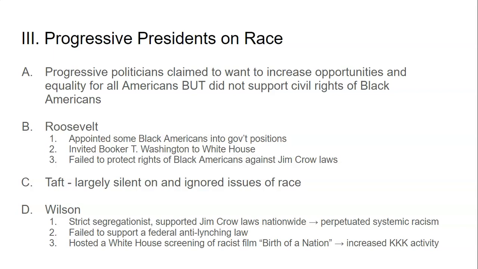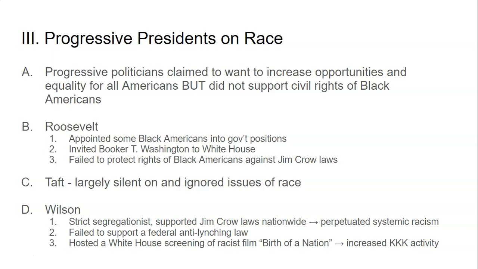And then he's also famous for hosting a screening of the incredibly racist film, The Birth of a Nation, at the White House. Basically, The Birth of a Nation was a movie that came out during this time in like the 1910s, about the Reconstruction South. It was incredibly racist.